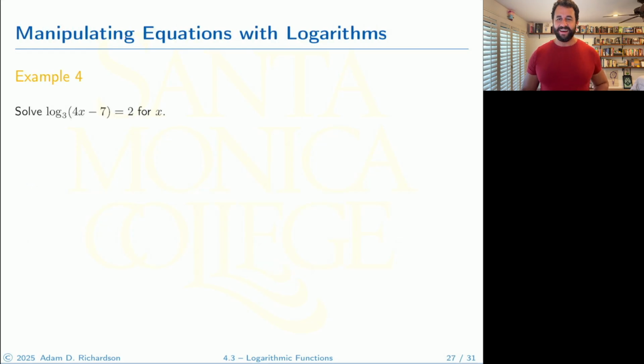Okay. Now that we have those, let's try to manipulate some equations that involve logarithms. The first one, I want you to try on your own. I want you to solve this logarithmic equation for x. Before you get too far into it, let me warn you: we don't know properties of logarithms yet.